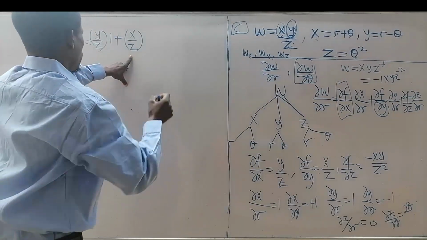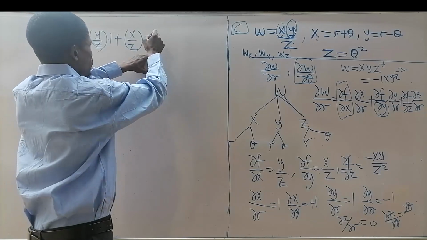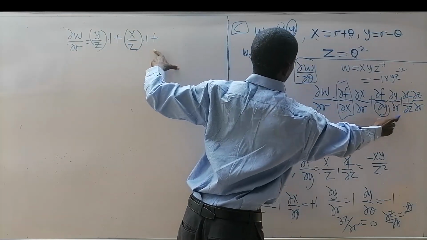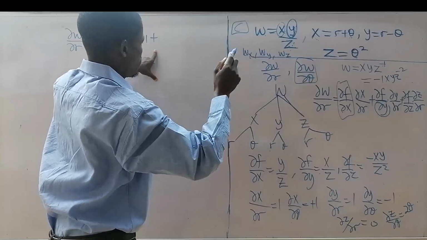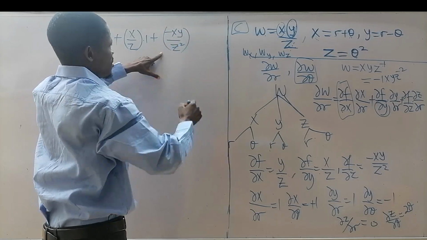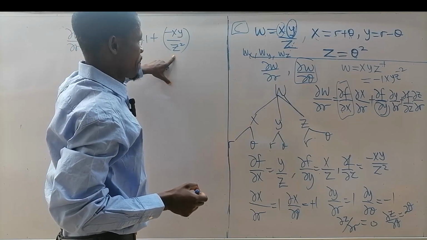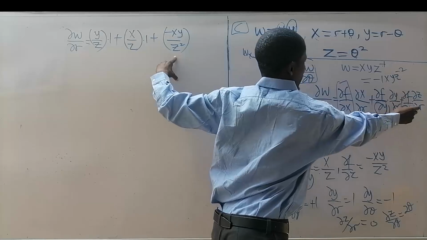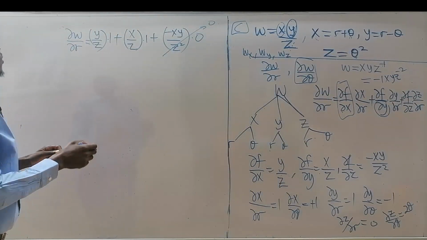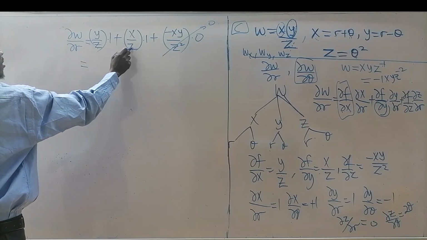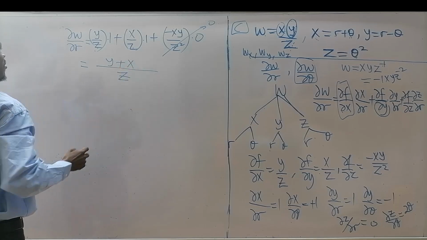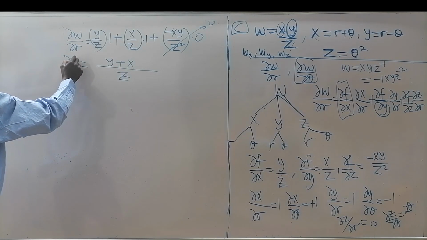Del y del r is also 1, then plus the last one, del f del z, which is minus xy over z squared, times del z del r. We don't have that, that's 0. So it makes this place to be 0. So we only have this one, which will be equal to y plus x. Okay, that's del W del r.